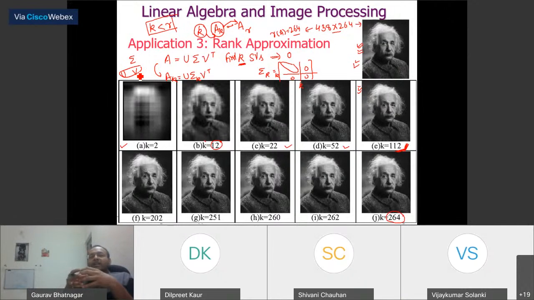This particular problem is called rank approximation in image processing, where you try to reduce the storage requirement for a given matrix using the singular value decomposition.